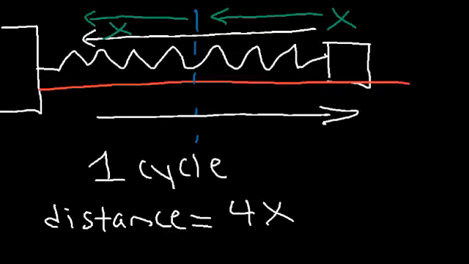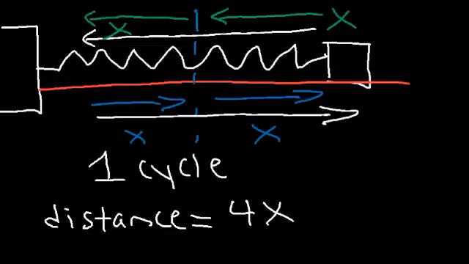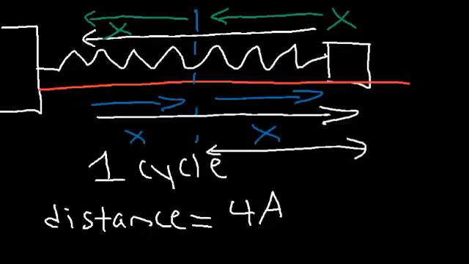And then when it goes back to its equilibrium position, that's another x value. And when it returns to where it started, that's x again. So the distance of one cycle is 4 times its maximum displacement. So we should really say this is 4 times a, since a represents the maximum displacement.